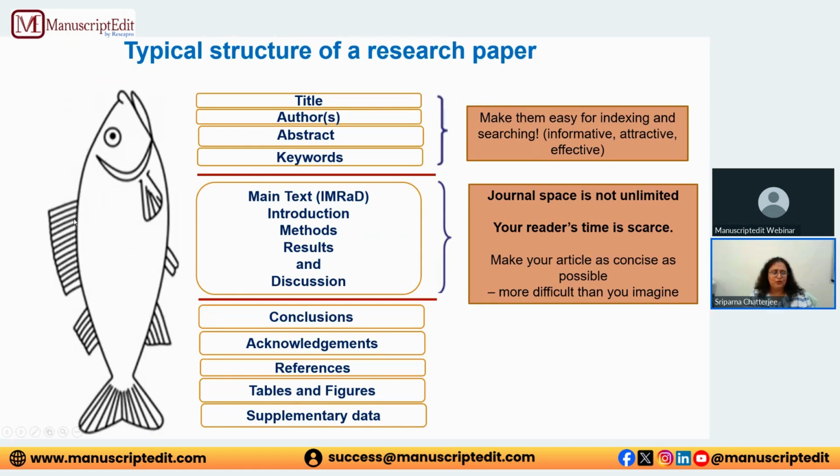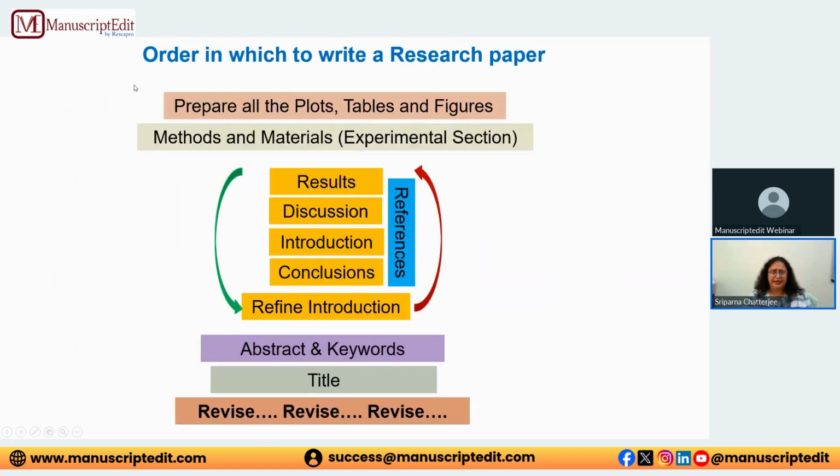The most vital part should be your main text, which will include your introduction, method, result, and discussion. Then again, your narrower parts will be your conclusion, acknowledgement, reference, and a few tables and figures, and again a little bit wider part may be your supplementary information. So this is the typical idea.